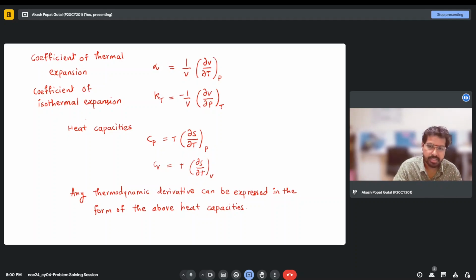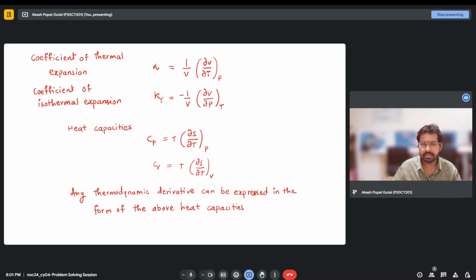And because they are measurable, we can express the quantities which we can't measure in terms of these experimentally measurable quantities, so that we can understand the non-measurable or the complex thermodynamic derivatives.